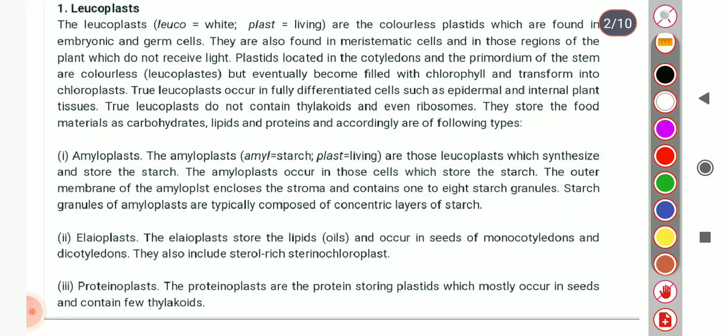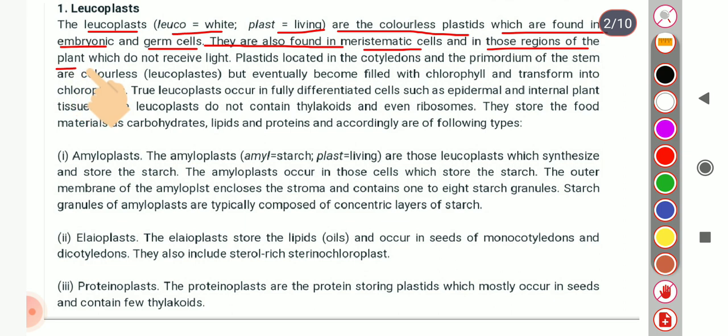First of all, leucoplast. The leucoplasts, leucos meaning white and plast meaning living, are colorless plastids which are found in embryonic and germ cells. They are found in meristematic cells and in those regions of the plant which do not receive light.